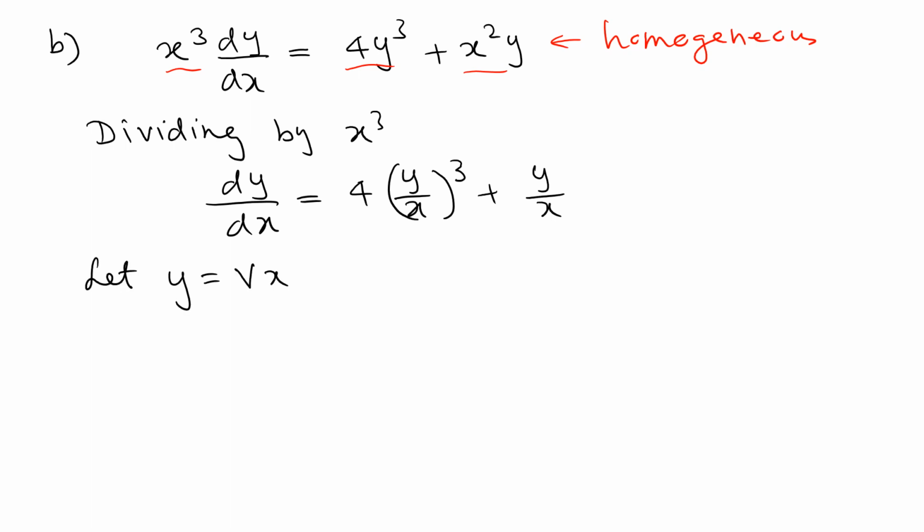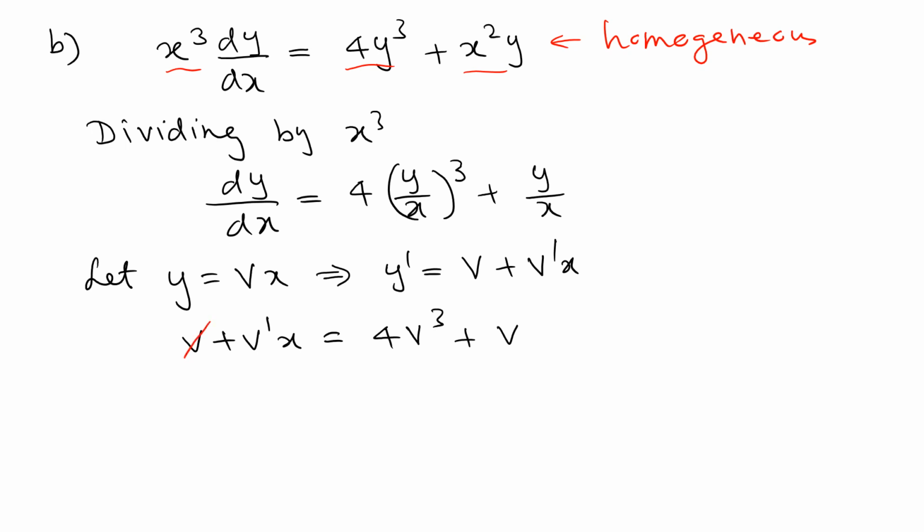This gives you, and then we substitute, v plus v prime x on the left side. On the right side is 4 v cubed plus v, and again you can see the v term gets cancelled out, otherwise it would be very difficult in this case.